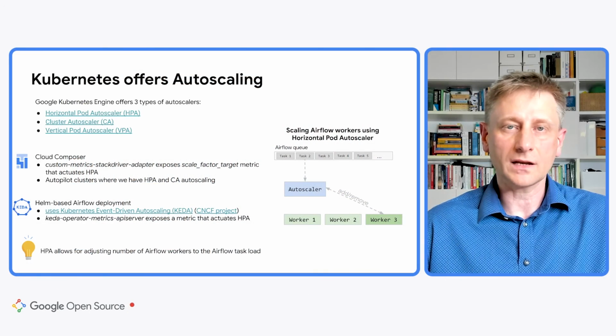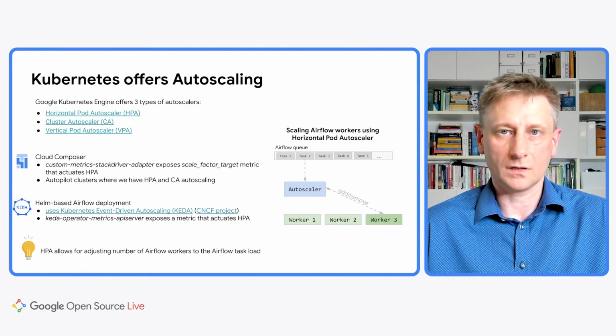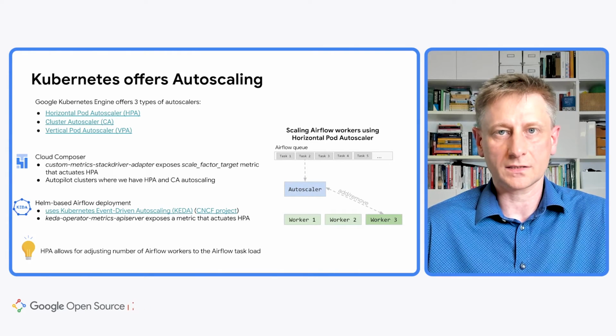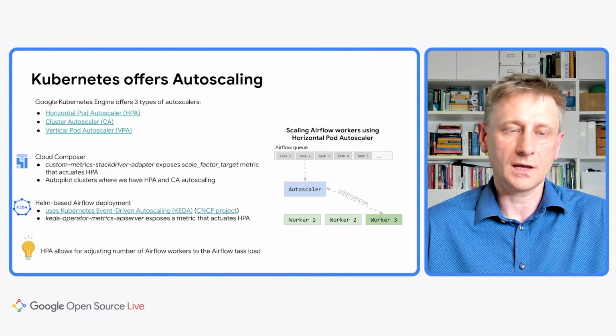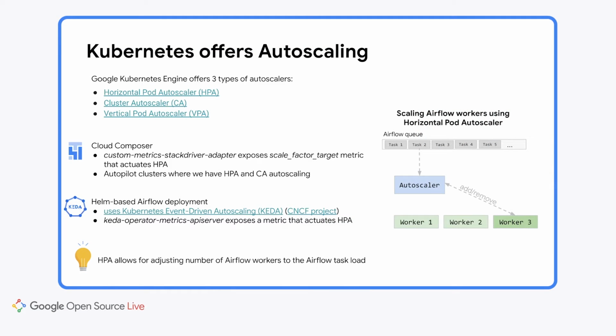Another very interesting feature that Kubernetes offers is autoscaling. Autoscaling features are characteristic of a specific Kubernetes offering or configuration. That's why I'm going to focus on Google Kubernetes Engine, which is a managed service for Kubernetes offered by Google.